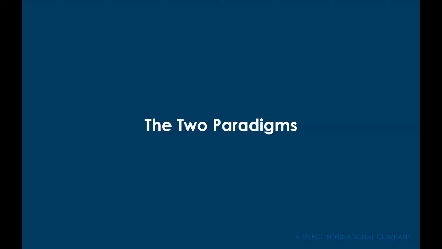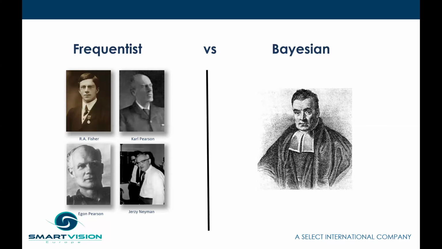And the frequentist approach is the world of p-values and rejecting or accepting the null hypothesis and all that sort of stuff. It's a particular approach to statistics. It belongs in a particular world. But in fact, there is an alternative way, and the alternative way is the Bayesian approach. So the frequentist approach is often characterized by greats of the statistical world, such as Ronald Fisher, Karl Pearson, Egon Pearson, Jerzy Neyman, people like that.